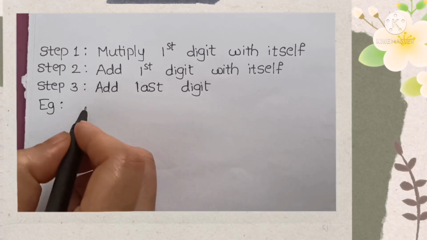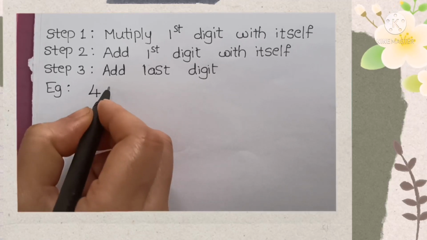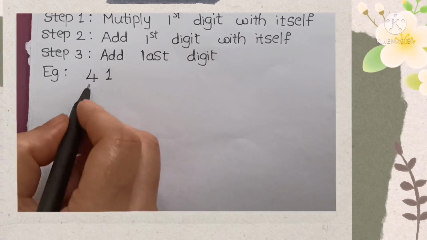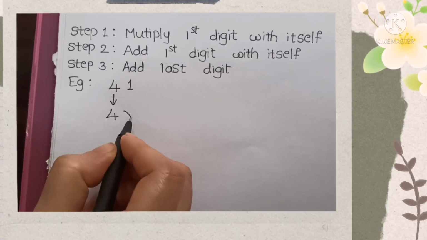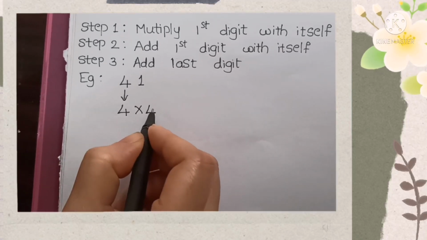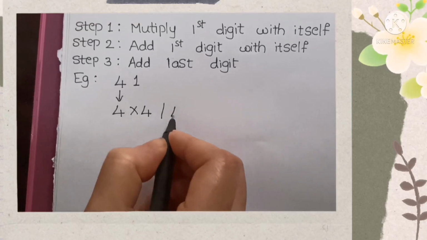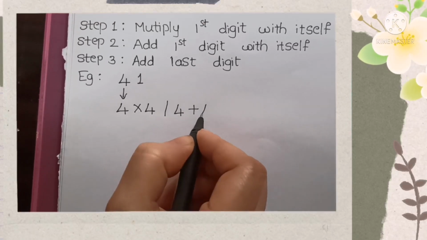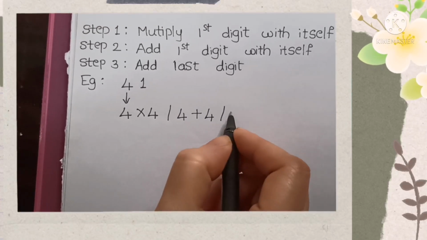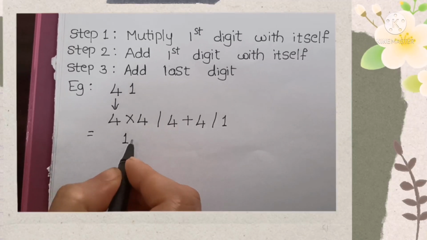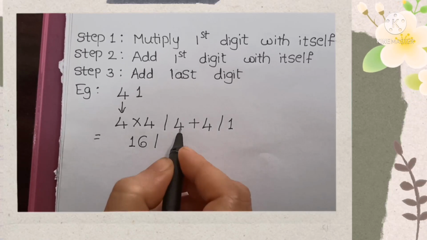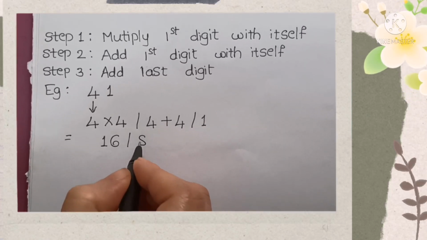So let's take an example to make this concept more understandable. So our first example is 41. In step 1, we have to multiply the first digit of the number with itself. In second step, we have to add the first digit of the number with itself, and in the last, we have to put 1 or add 1 at the last.